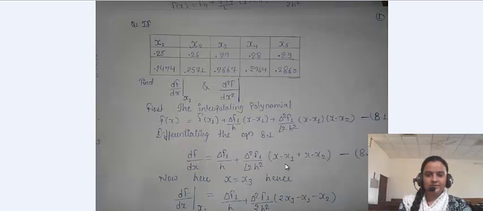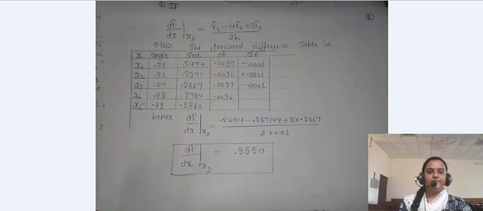By putting x equal to x3 in equation 8.2, we get df by dx at x3 is equal to del f1 upon h plus del square f1 upon 2h square into 2x3 minus x1 minus x2.